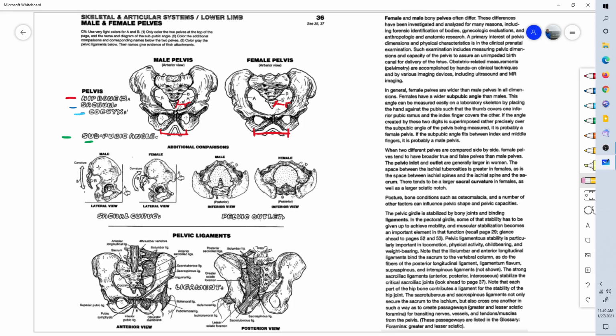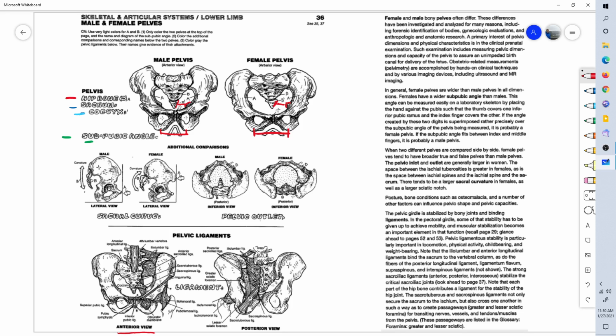But how is the pelvis held together? Why doesn't it just fall apart? Well, it's held together by ligaments. Starting here at the front, this is an anterior view, so we're looking at the front. Of course, the abdominal muscles have been taken out, and all your organs have been taken out.